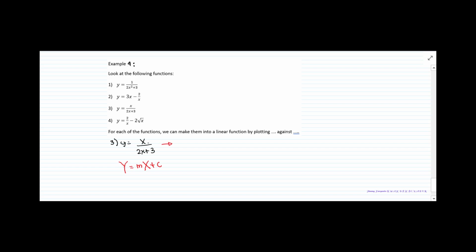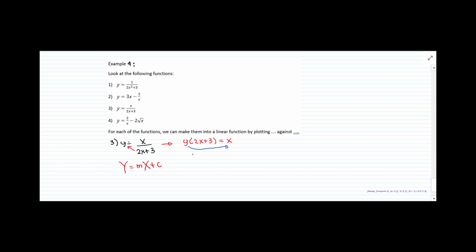So I have to change this into y equals mx plus c to be more similar. How to do that? Maybe I can cross multiply this to here. So I have y in the bracket 2x plus 3 equals x. Okay, and then I will try to move the y into the right side.